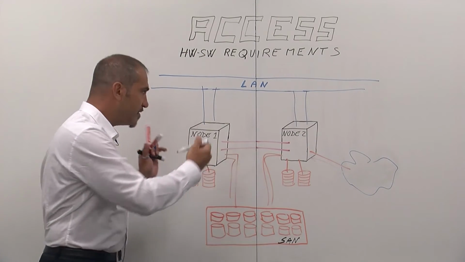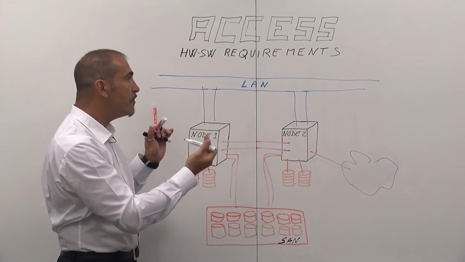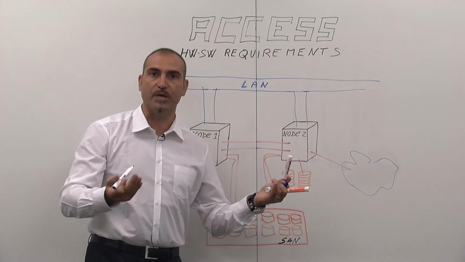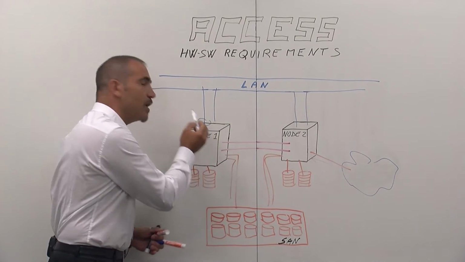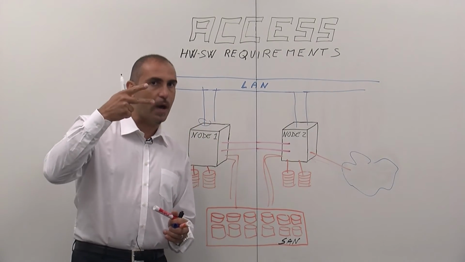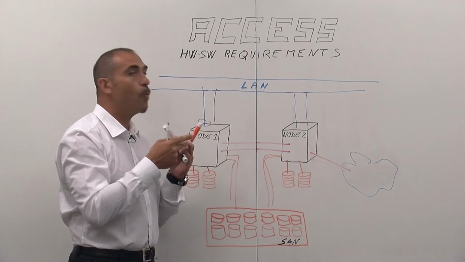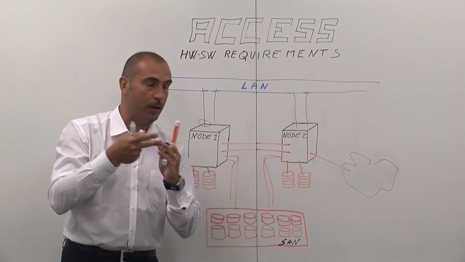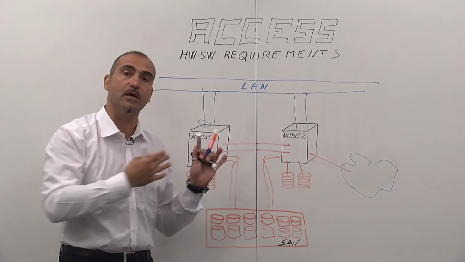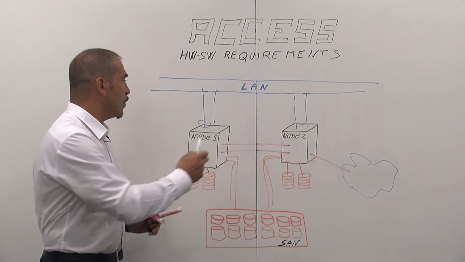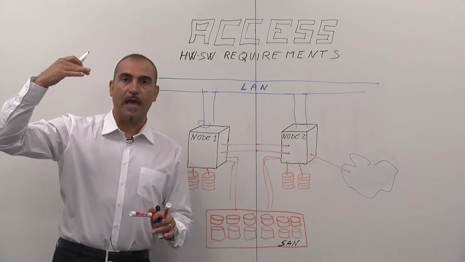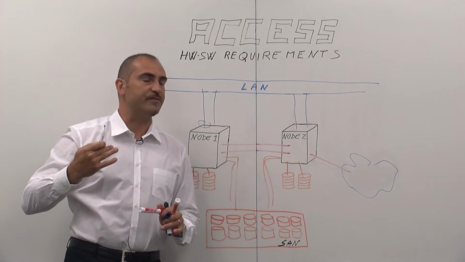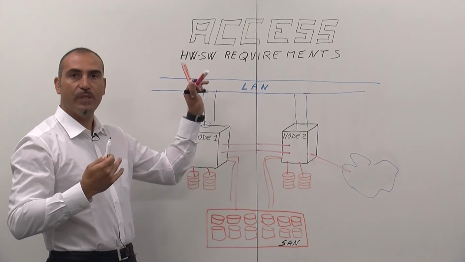Of course, since this is a cluster, we need to configure virtual IP addresses too. So every network card will have 2 IP addresses. One is static, one is dynamic virtual that will be moved depending on the failovers. So in this configuration, we need at least 4 IP addresses to interact with the LAN.